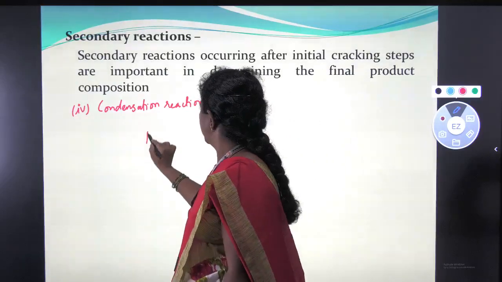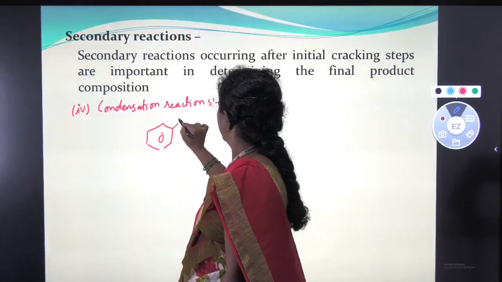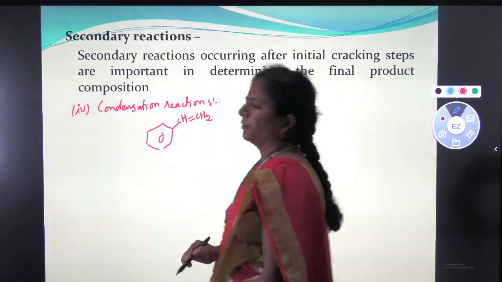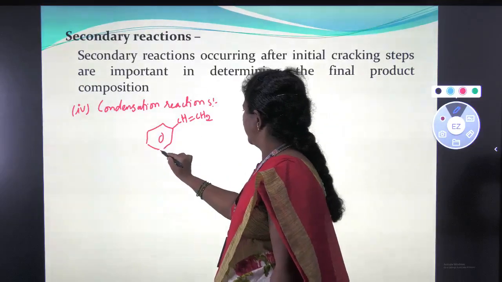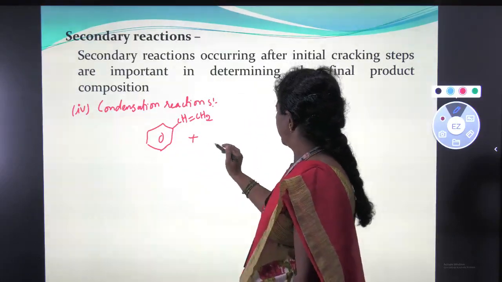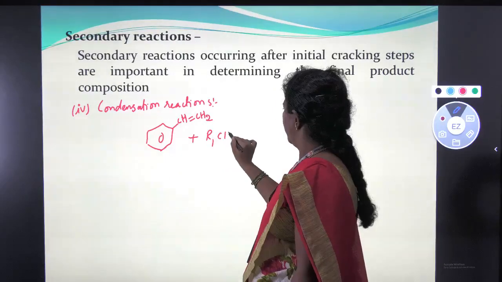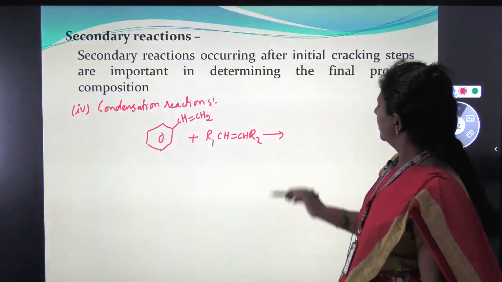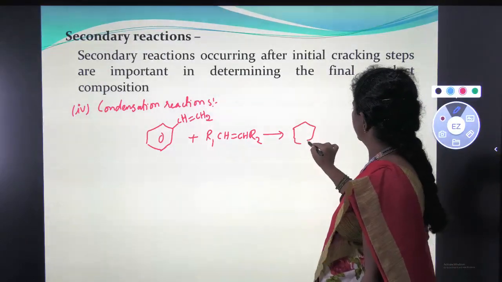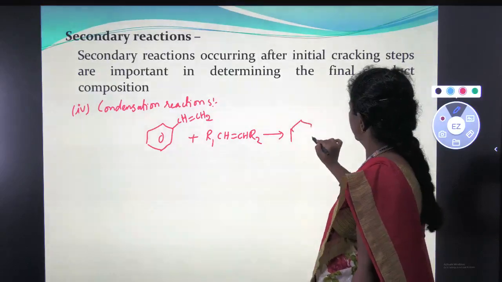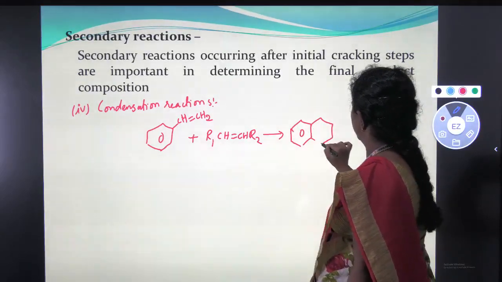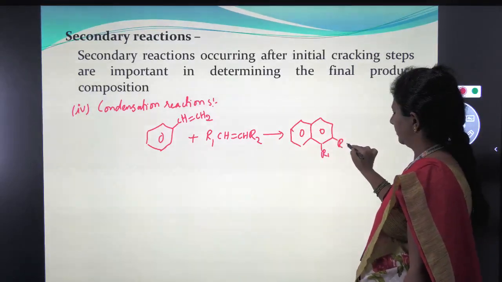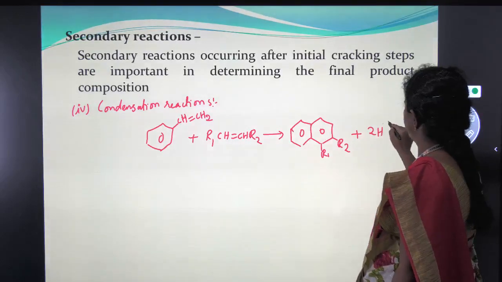Here, if you take vinyl benzene plus olefin, this will condense and give naphthalene products.